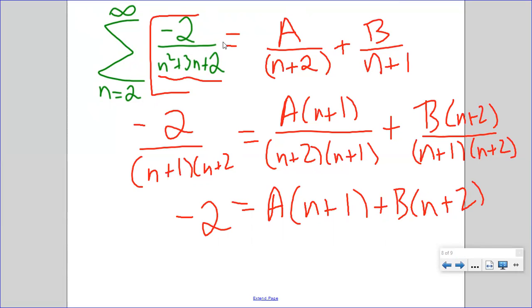So what are values of n that we could plug in that might make this whole quantity 0? What value of n would you want to use? -1. Yeah, let's use -1.